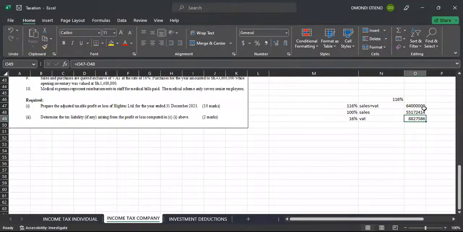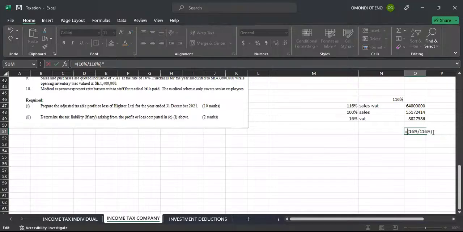Using this long procedure, another person who understands how these rates operate will say, if 116% is 64, 16% will be how much? It is now where we are saying, if 116 is 64, 16% will be what? We took 16%, divided by 116%, closed the bracket, then multiplied by the value given up there, the 64 million.